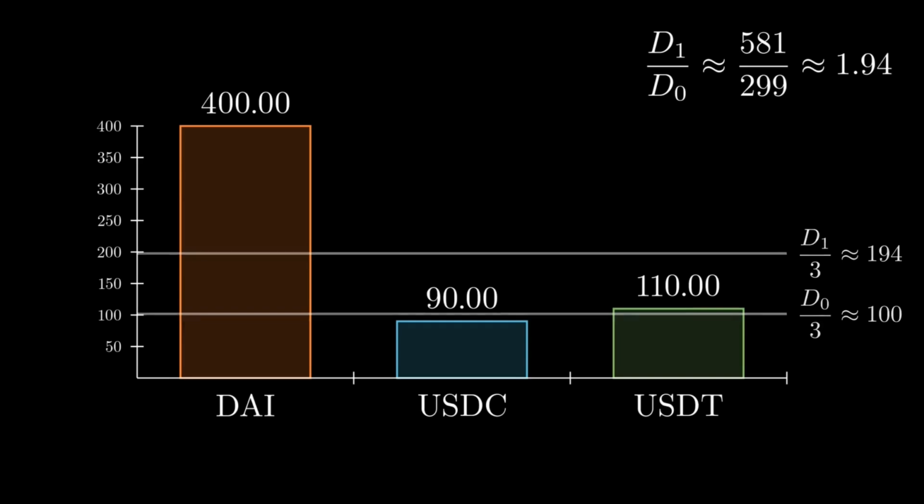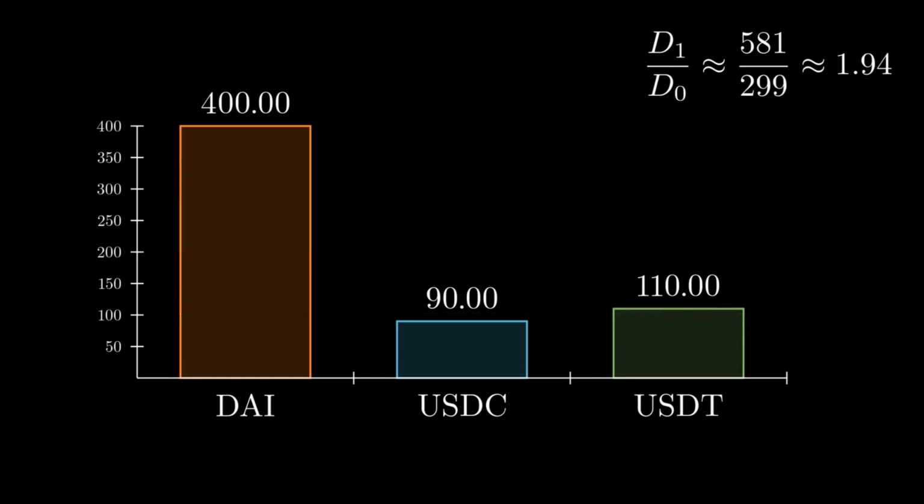The ideal balances are calculated by taking this ratio of the change in liquidity and then multiplying it by the previous token balances. In our example, before adding liquidity, we had 100 DAI. So the ideal balance of DAI, if we were to add liquidity, is that previous amount of DAI, 100, multiplied by this ratio, 1.94. This turns out to be 194.